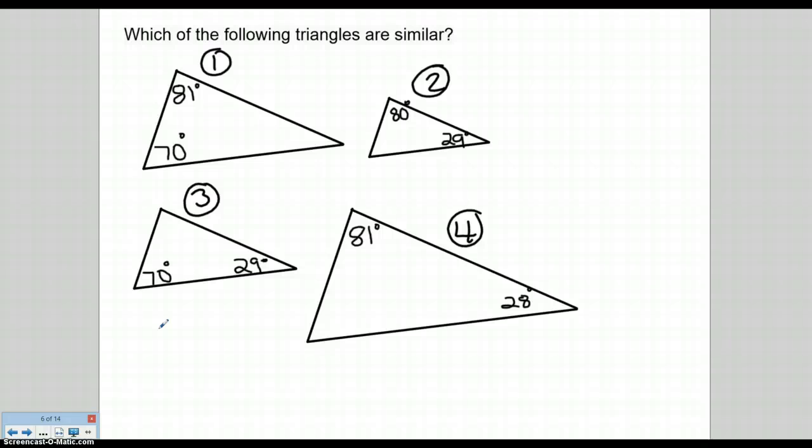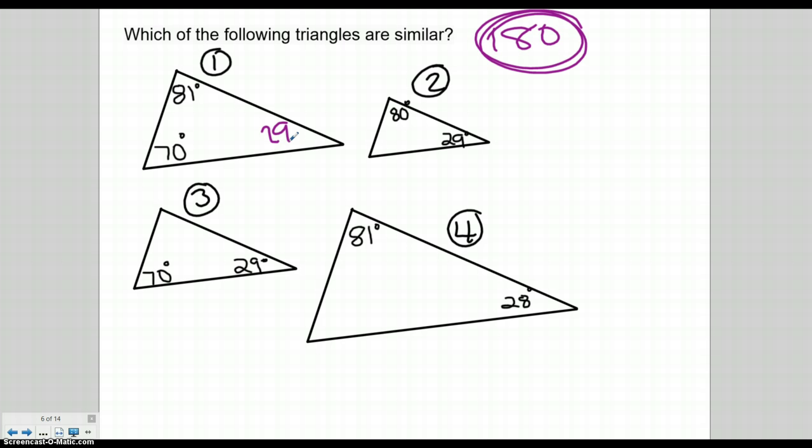To do that, we need to remember, what is the sum of the interior angles of a triangle? 180. Never forget that. So if we're looking at triangle 1 and we do 180 minus 81 minus 70, we get 29.